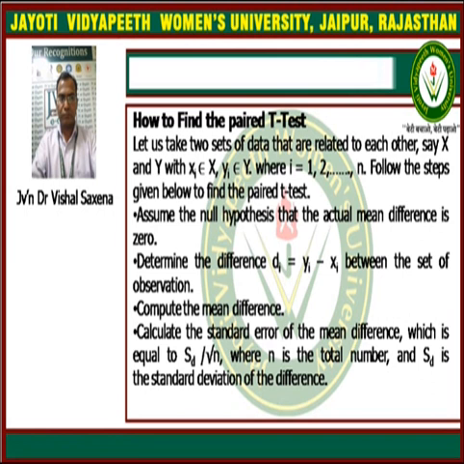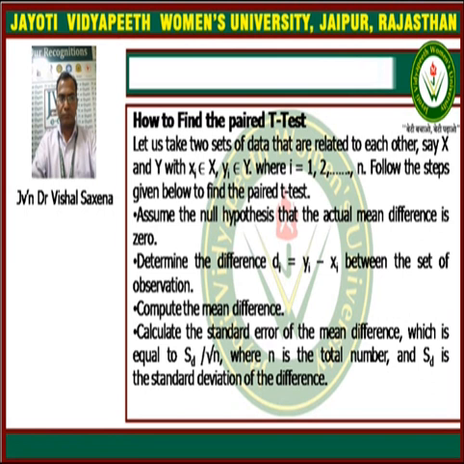So we are looking at the steps to find the paired t-test. The first point: assume the null hypothesis that the actual mean difference is 0. The second point: determine the difference di, which is yi minus xi between the set of observations.